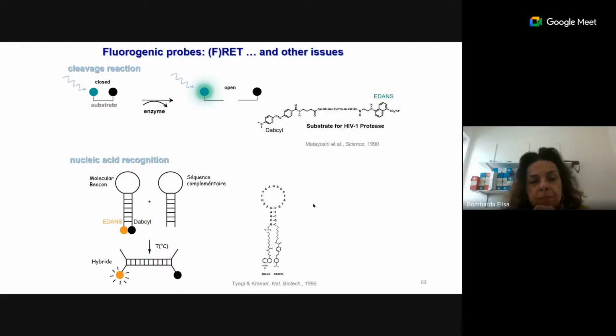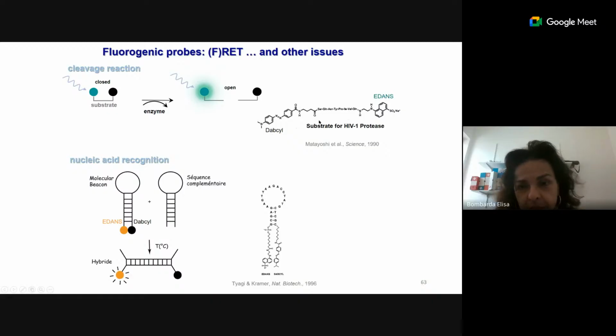Another application of FRET is in fluorogenic probes. That is also linked to the next topic, which is talking about probes in general. This is a probe that was designed to monitor a cleavage reaction.